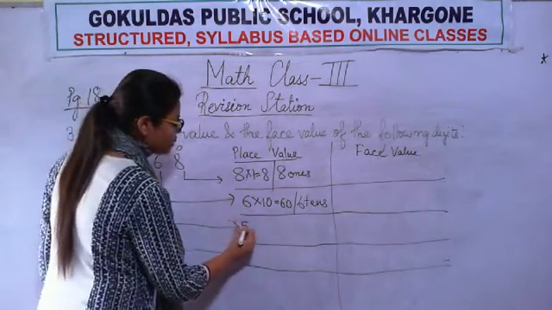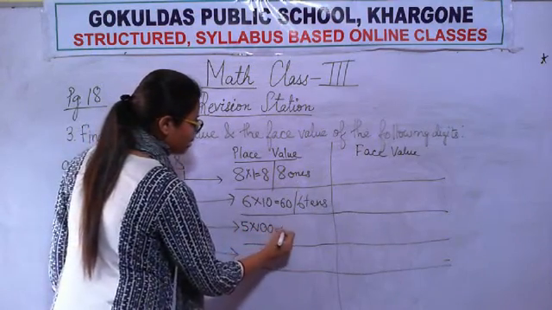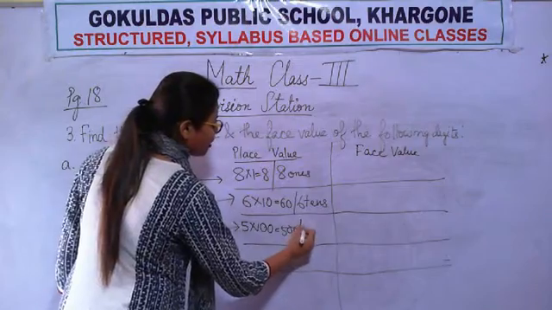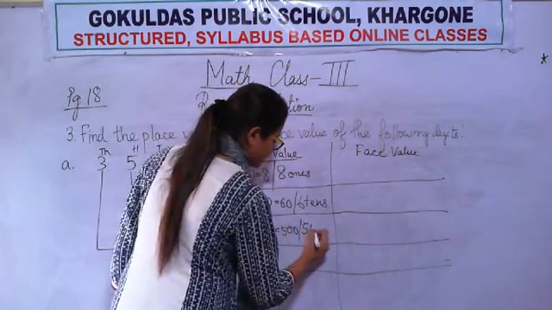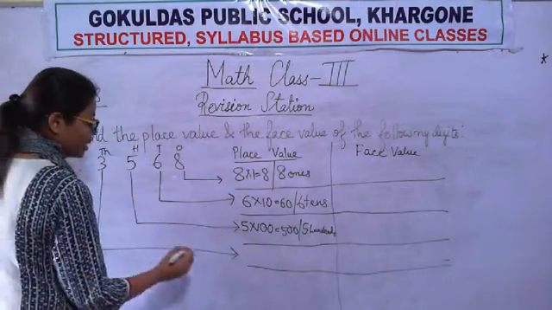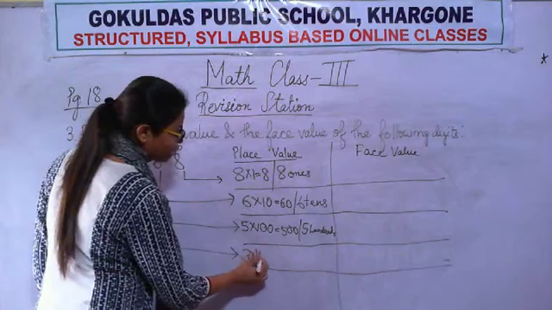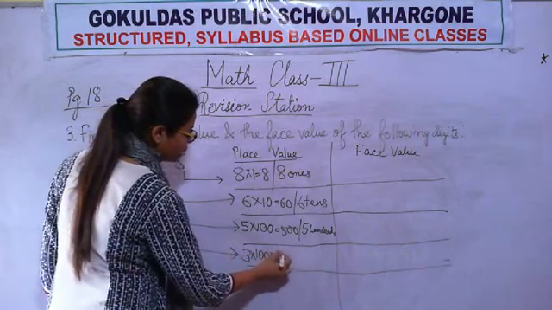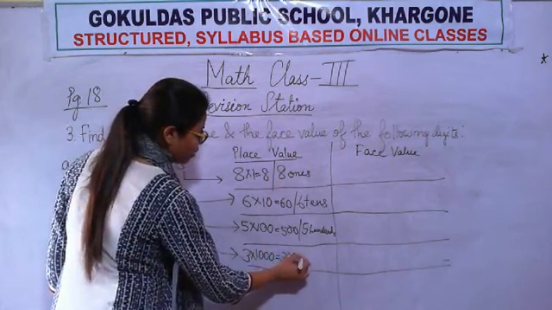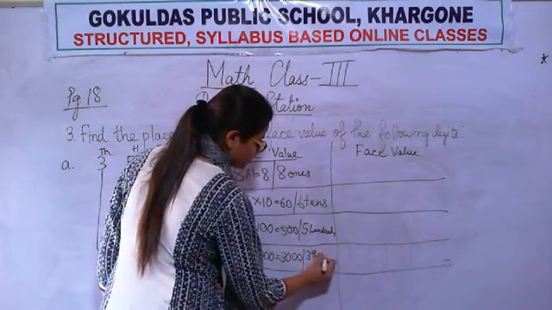Now 5 is sitting below 100, so we will multiply with 100, 500, or we can write 500s. Now 3 is sitting in the place of 1000, so we will multiply it with 1000, 3 into 1000, 3000, or we will write 3000s.